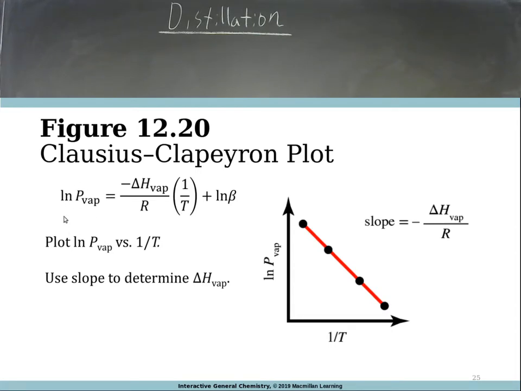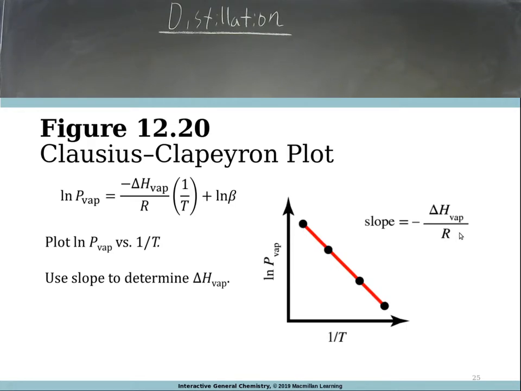The natural log of the vapor pressure is the y value in this equation, and then the inverse temperature is the x value, and that makes your negative delta H of vaporization over R equal to the slope of your line, and then the natural log of beta is just the y-intercept. So if you had a lot of data, you would want to take the inverse temperature and the natural log of the pressure for each data point and plot them in this way.